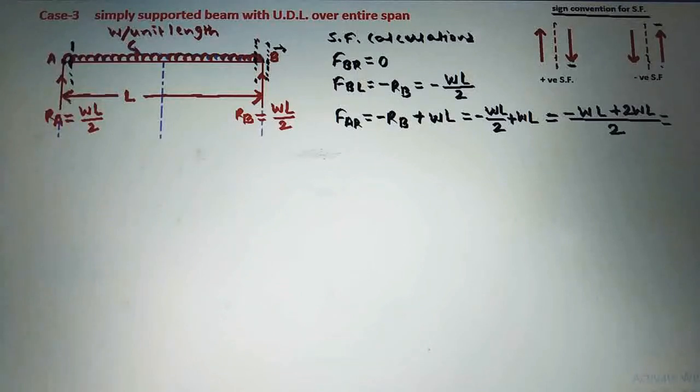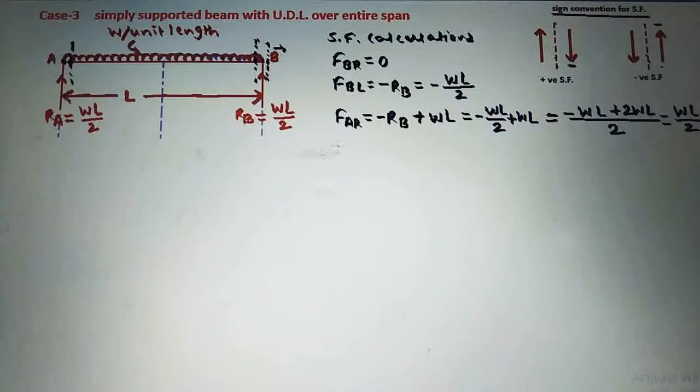Now we will write here minus WL plus 2WL is equal to plus WL divided by 2. So shear force at a section just right of A is plus WL divided by 2.